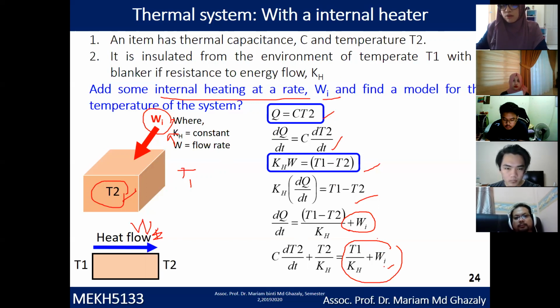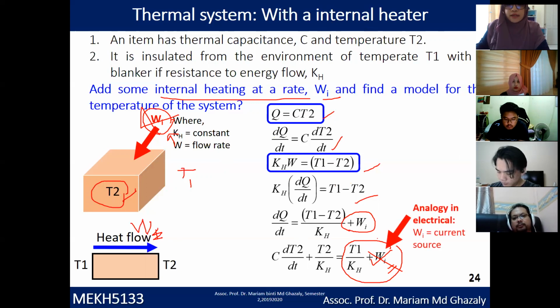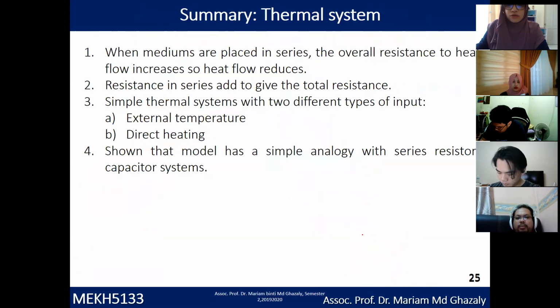This is the difference: if you don't have an internal heater, this term is not there, but if you have one, you have the value Wi here. The analogy in an electrical system is a current source, Wi, so here you are adding a current source.